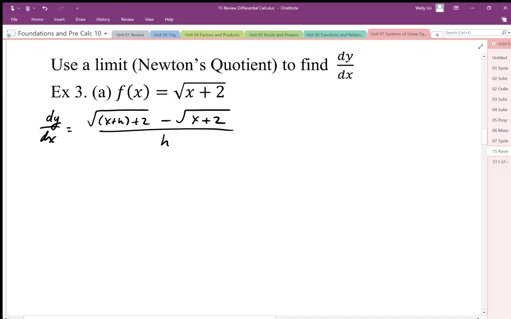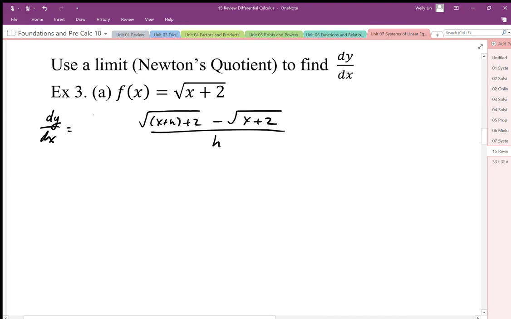To get an instantaneous slope, we need to make this into a limit. So we end up with the limit as h approaches 0. As h approaches 0, I end up with 0 divided by 0, so I have to simplify this to be able to evaluate it.